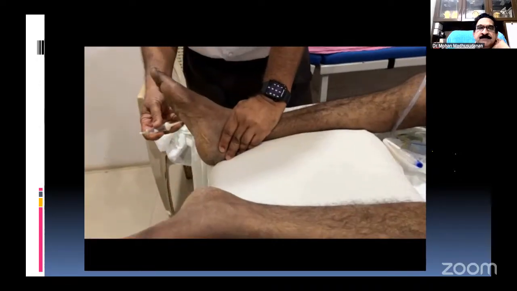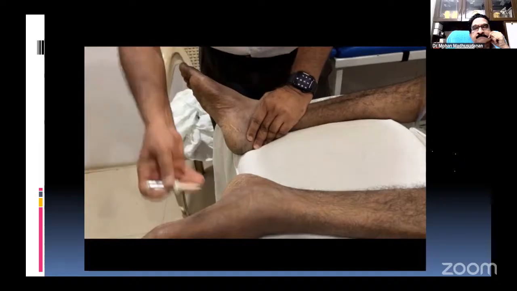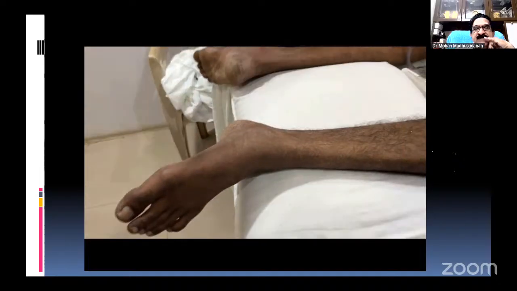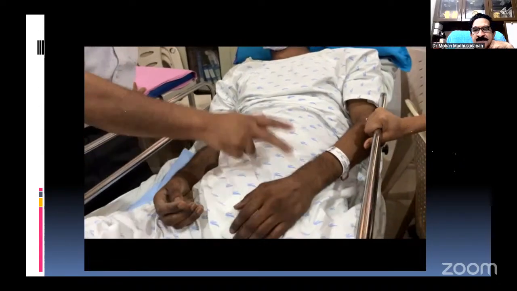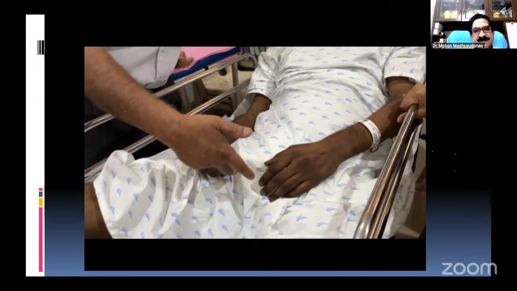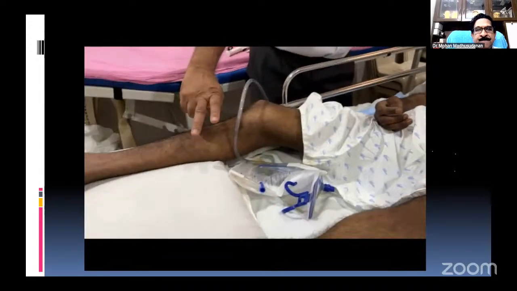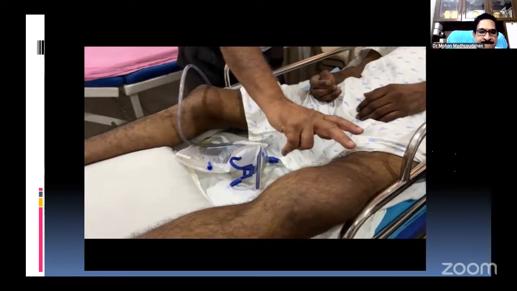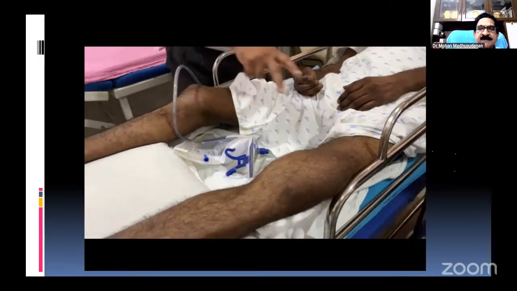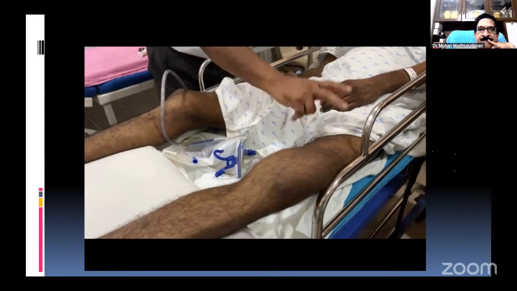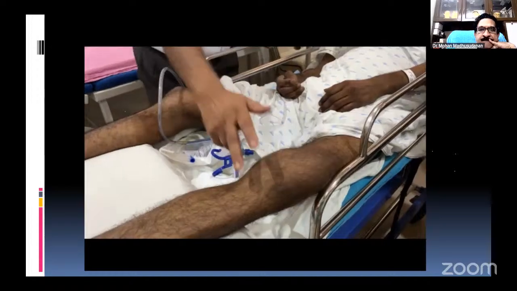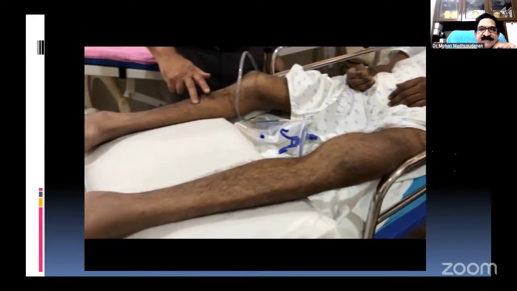Plantar was mute. With his sensation, he is able to feel the touch in the upper limb as well as the lower limb.